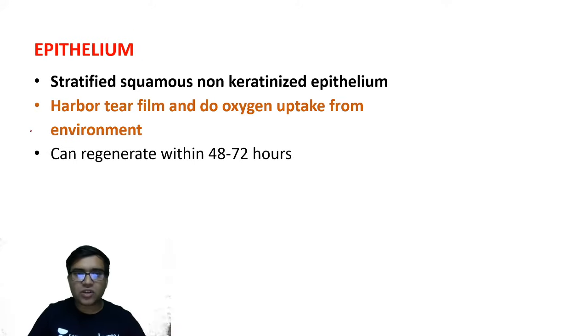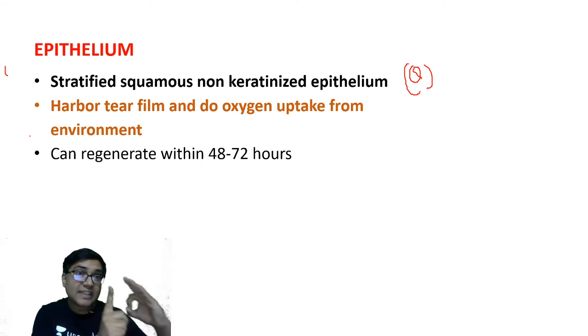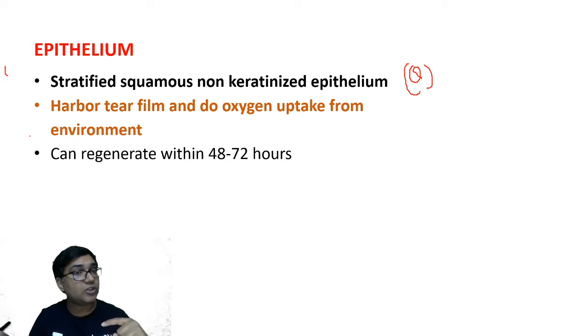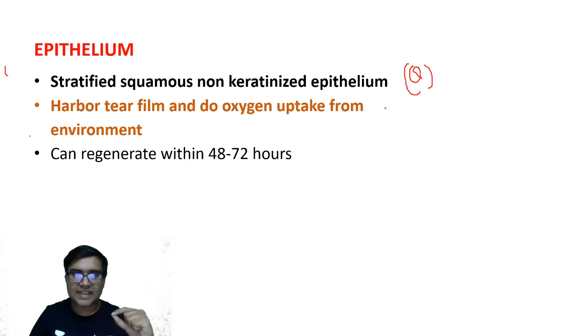Another question that was asked in JIPMER a few years back was what the epithelium is made up of. Epithelium is not single layered. Remember, the single layered is your endothelium. Epithelium is 3 layered, made up of stratified squamous non-keratinized epithelium.